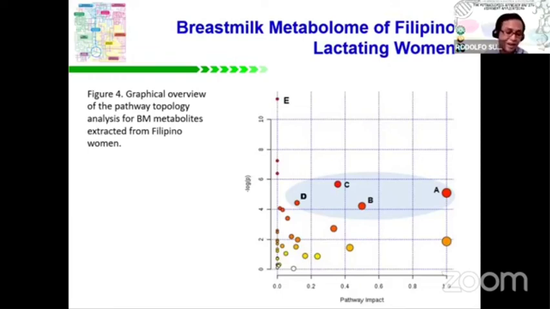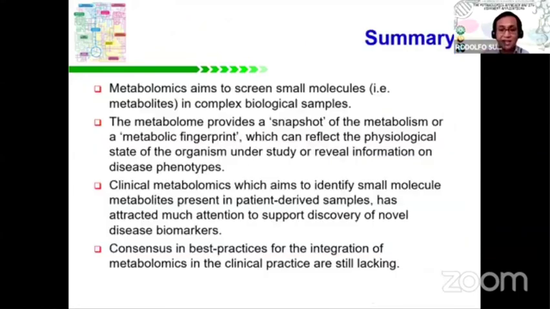When you say centrality, it means the significance of these metabolites in a particular pathway. Usually, these metabolites serve as intermediates for the synthesis of other important metabolites in a given pathway, and that highlights their functional importance in a given pathway. So this can be done in MetaboAnalyst via pathway topology analysis.